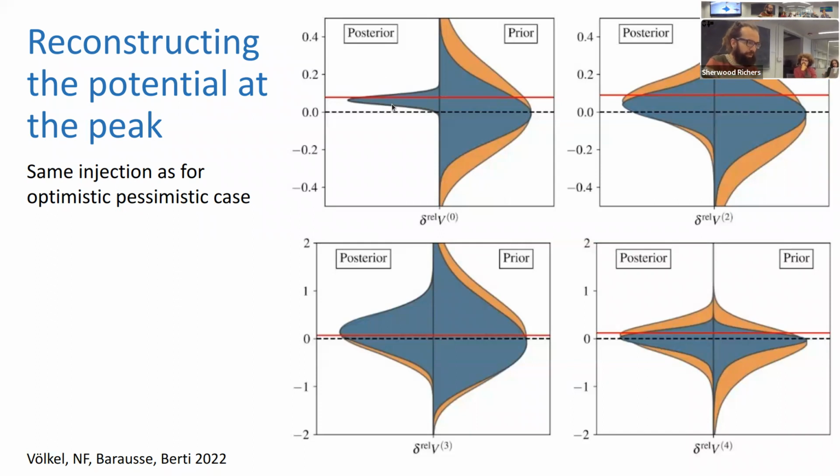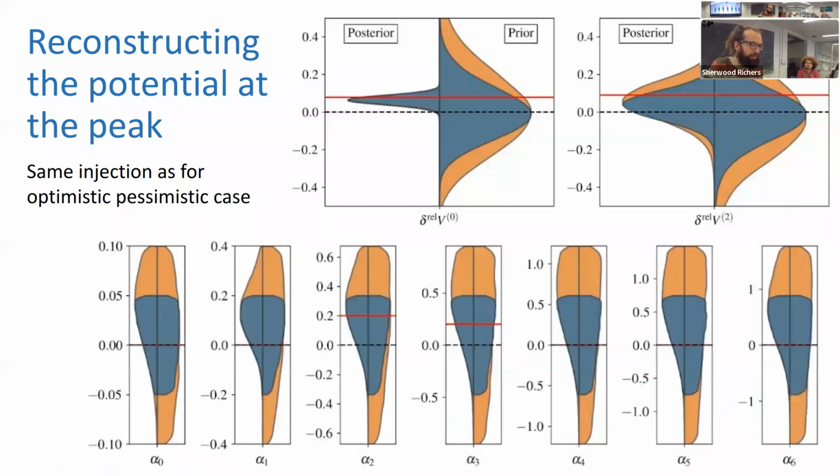You can see clearly that for V0, you can pinpoint that there is some deviation from GR and reconstruct it well. And also for V2, it's not super clear, but you see a trend. And if we compare it to the case of the alphas, it really looks much better.